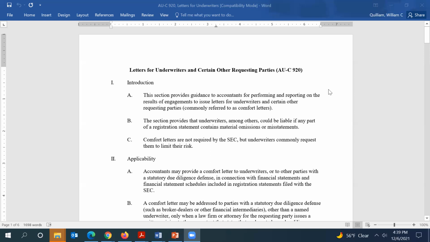So for the underwriter, the underwriter looks at the price it gets, the price for investors, and it will subtract its cost to acquire the securities.